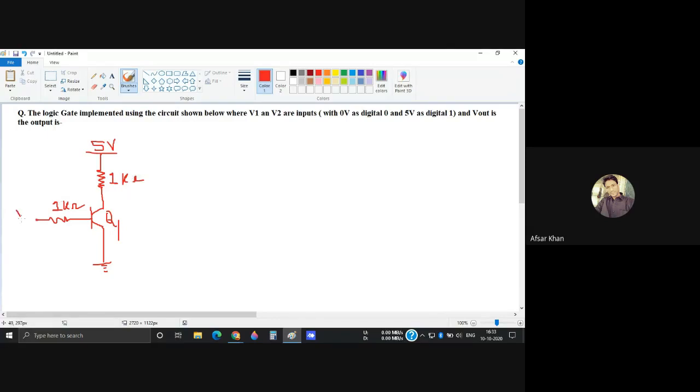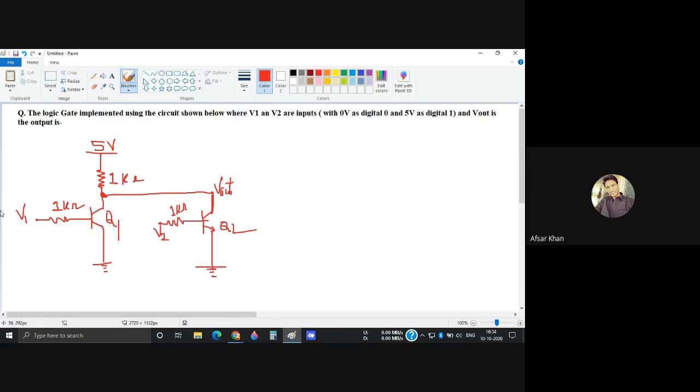The input here is V1, and the output of the collector is going to another transistor, that is Q2, and here we have V out. Here the input is from 1 kilo ohm, and here we have input V2.